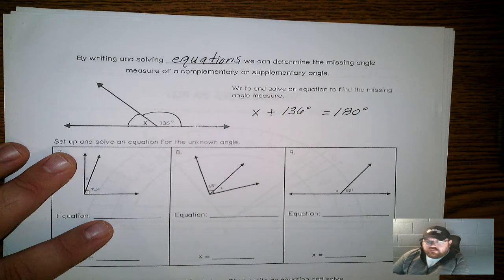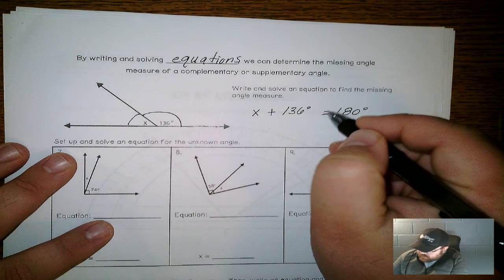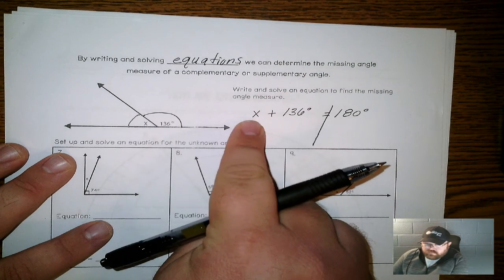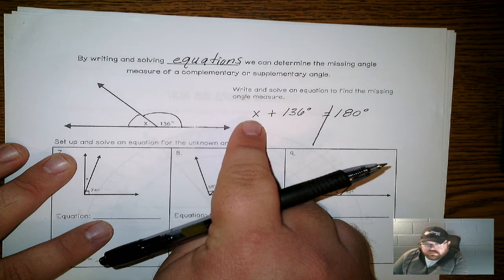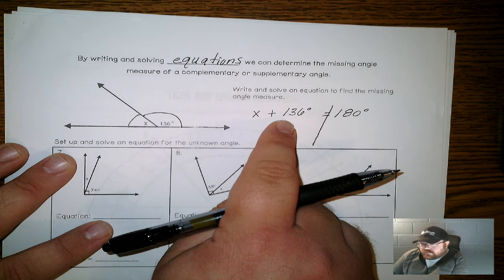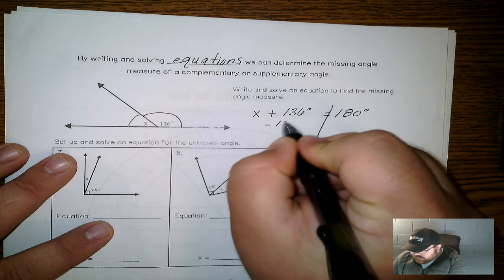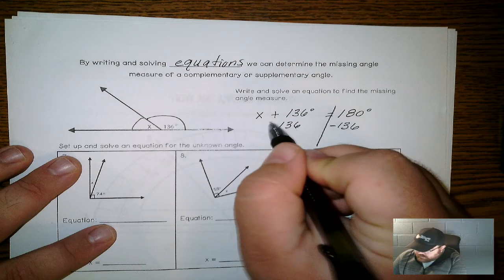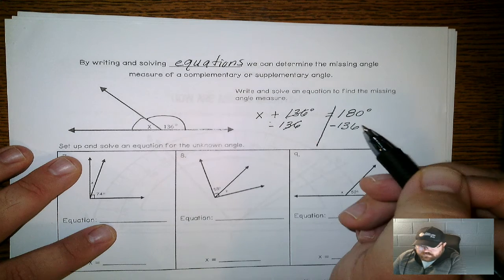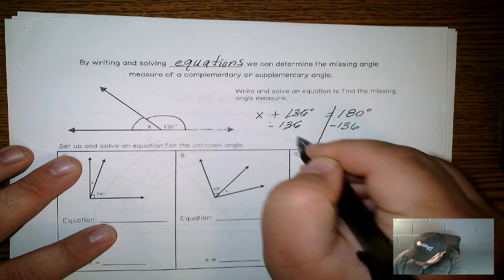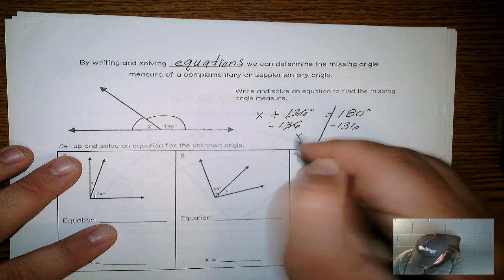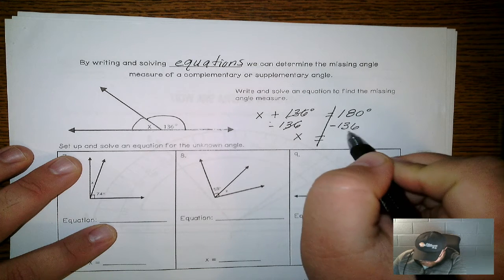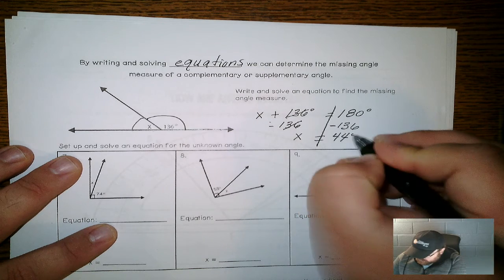Now at this point, it's like one-step equations, which we have done over this NTI process. So you would draw your line through your equal sign, find your variable, and ask yourself what is being done to your variable. In this case, it's adding 136. You want to do the opposite or inverse operation, which is to subtract 136 from both sides. 136 minus 136 gives you 0, so it leaves you with X is equal to 180 minus 136, which is 44 degrees.